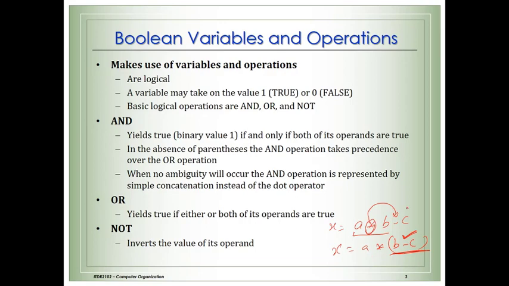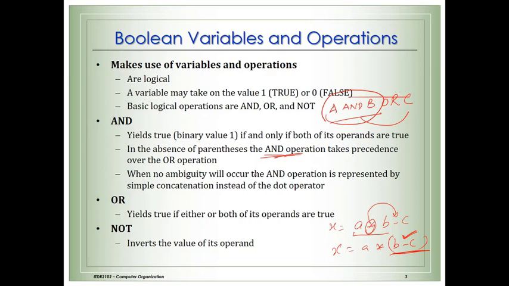Very similar to that, if you have, for example, A AND B OR C, there is no parentheses, so the AND operation takes precedence. It means first you evaluate A AND B, then whatever the result, you OR it with the C variable.